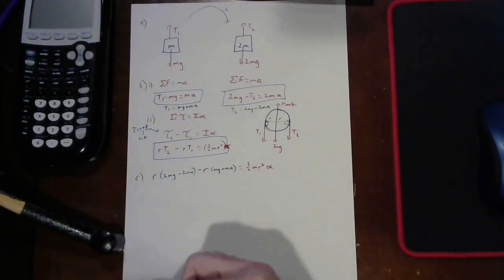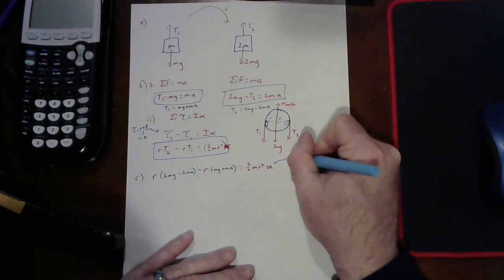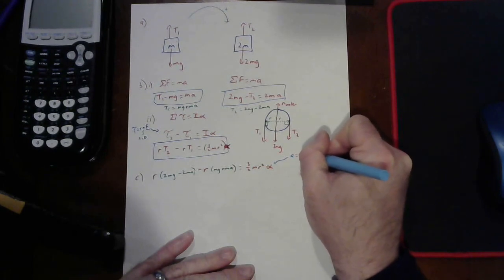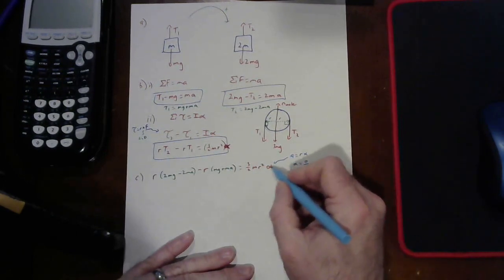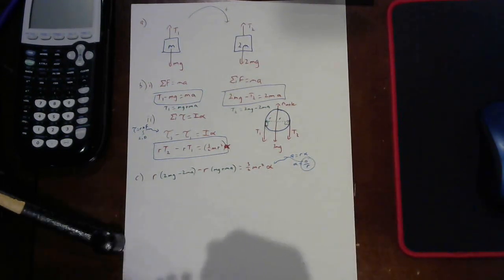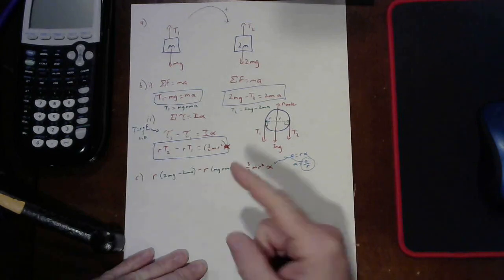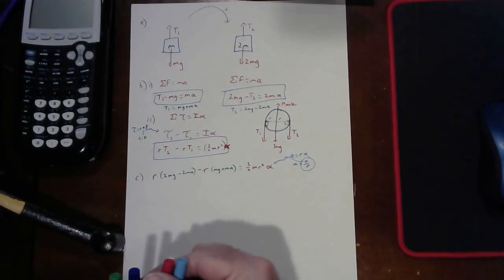So where it says alpha, we can substitute in, so alpha is a over r. Okay, so we'll put that substitution in there. And now we'll have an equation that just has one unknown, a. Okay, and we can solve for that acceleration.